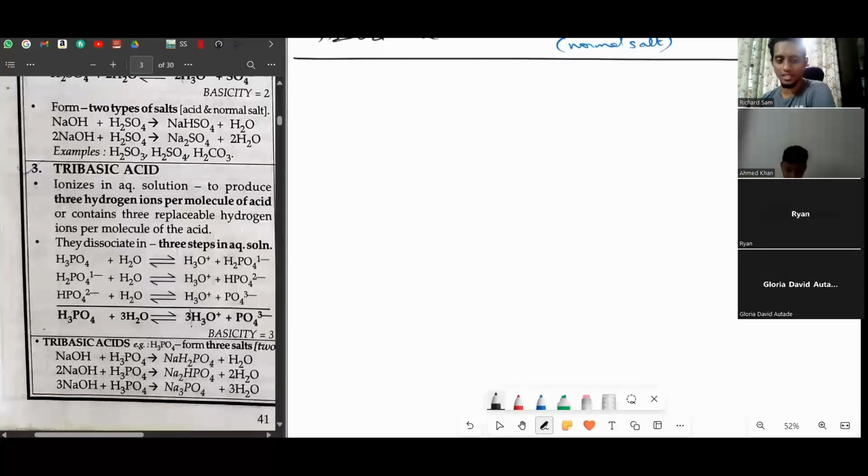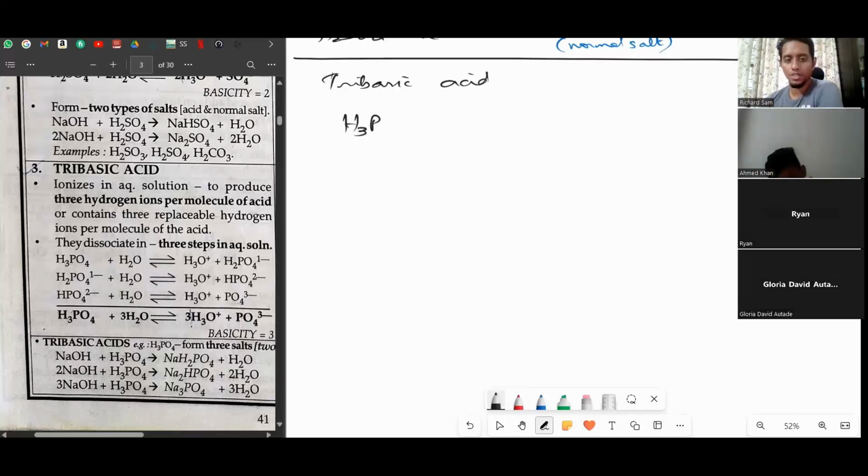So what's a tribasic acid? We have only one tribasic acid: phosphoric acid. So H3PO4 is the tribasic acid. If you mix it with water, what do you get first?